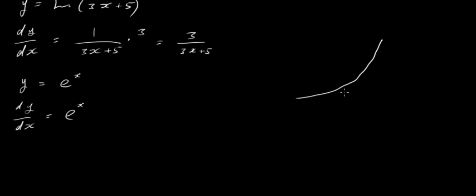Okay, and if you take, say, our x-axis here and y-axis, if you take a tangent at any point x, so this x value down here, and you differentiate y is equal to e to the power of x at this point, it'll give you the slope of the tangent at this particular point, and it actually turns out to be this y value here.